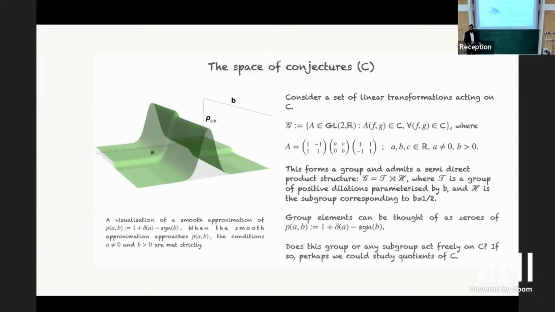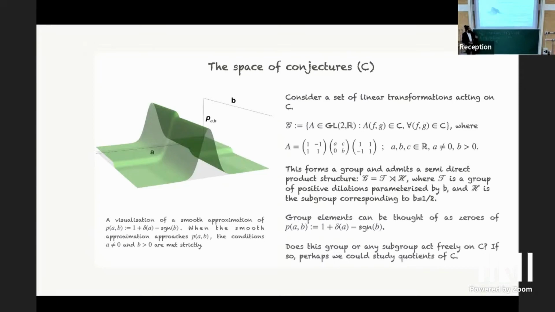It doesn't really matter to us what kind of dilations we consider, positive or negative. But for the purposes of the initial work, we considered positive dilations, and that gives a cone structure to this conjecture space, because we have also shown that this group acts freely on the space.